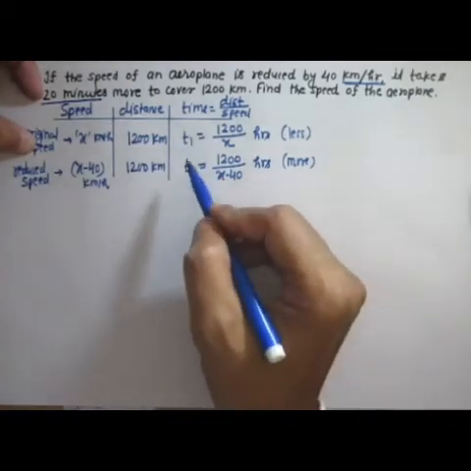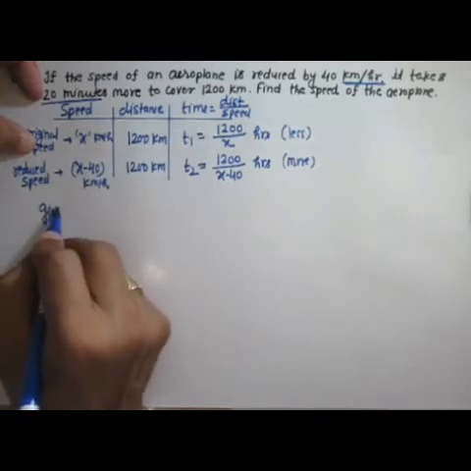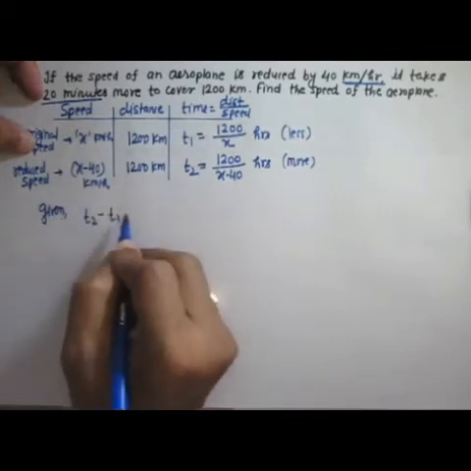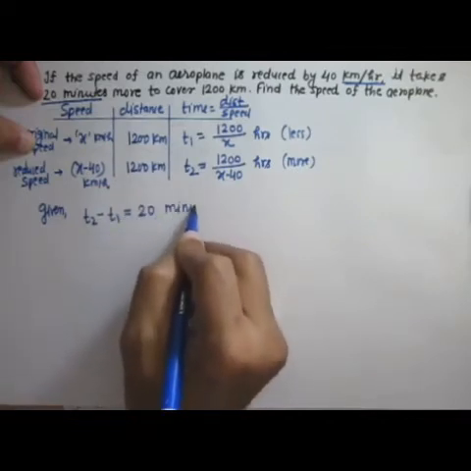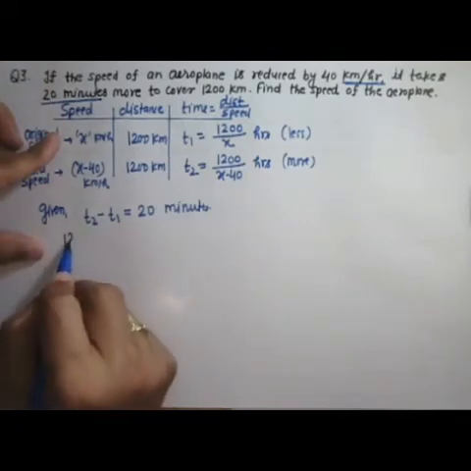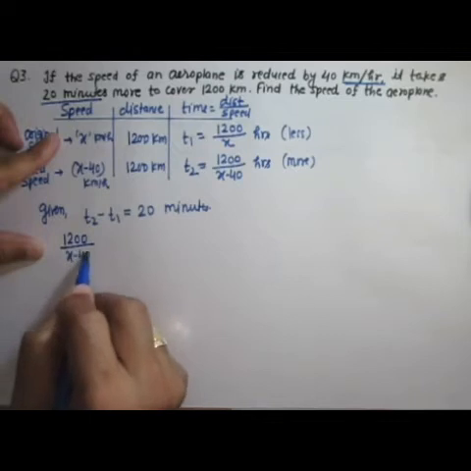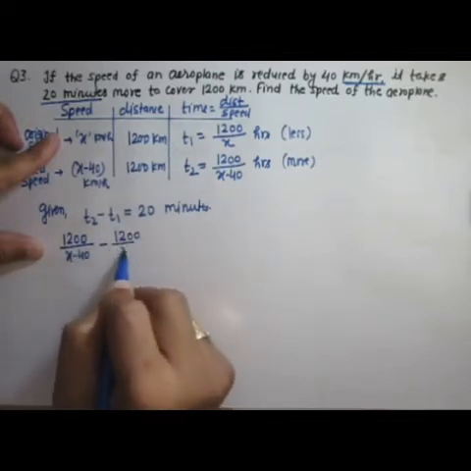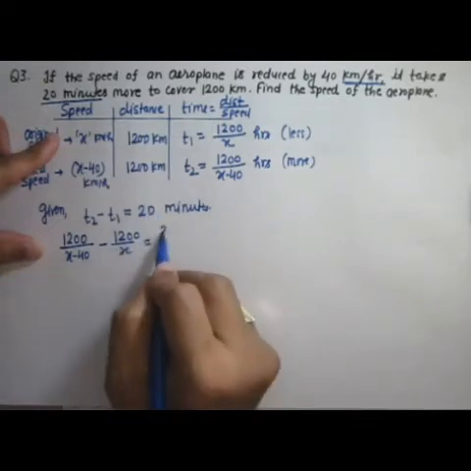So is the difference T1 minus T2 or T2 minus T1? Of course T2 minus T1. So given, T2, the bigger time minus the smaller time, is equal to 20 minutes. T2 is 1200 by x minus 40, and T1 is 1200 by x, and we have to convert 20 minutes into hours.